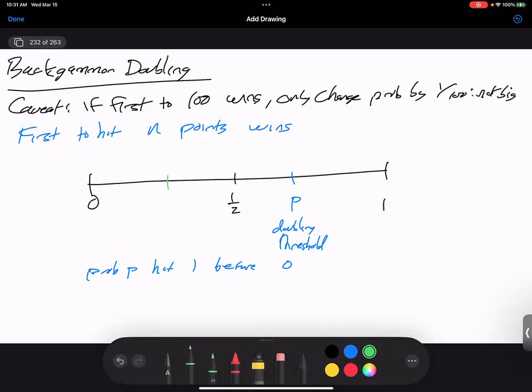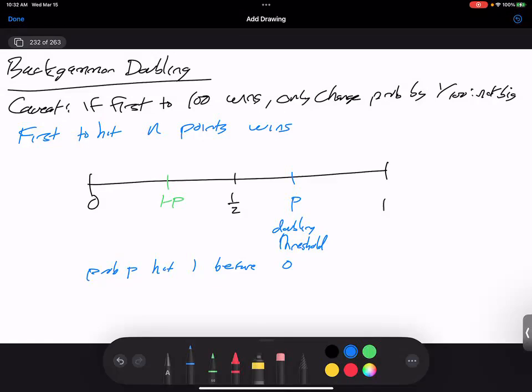But if the probability falls to a certain critical level, we're going to assume the players are identical, that they have the same threshold to double and accept. So what's the key threshold to fall down to? 1 minus P. And at 1 minus P, player 2 will double. Player 1 always doubles. Without loss of generality, we rename our people so that player 1 is the one who doubles first.